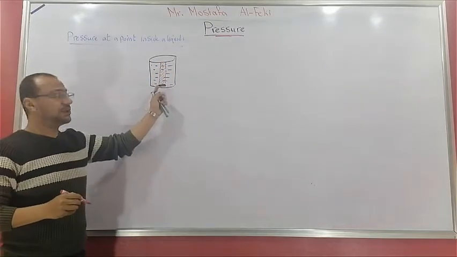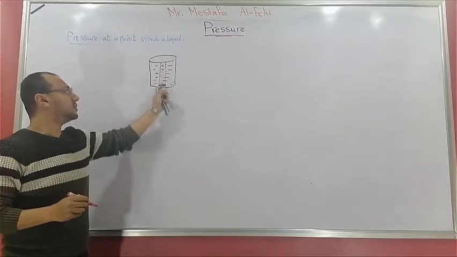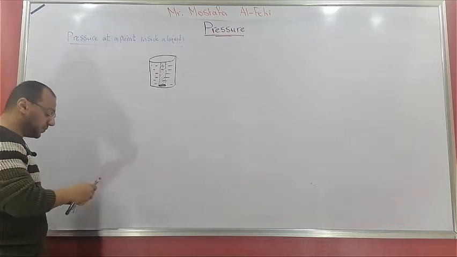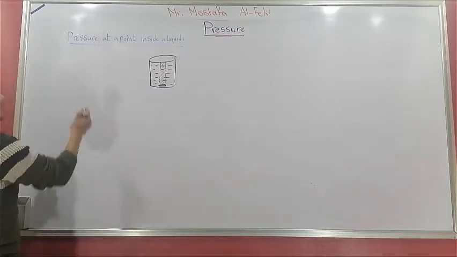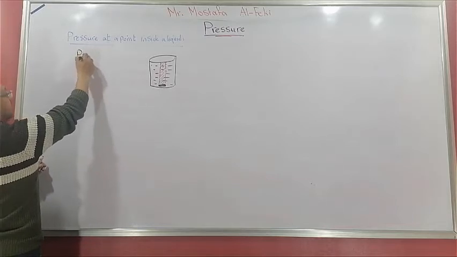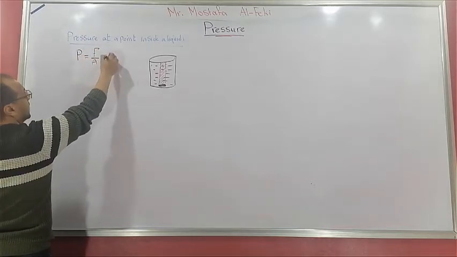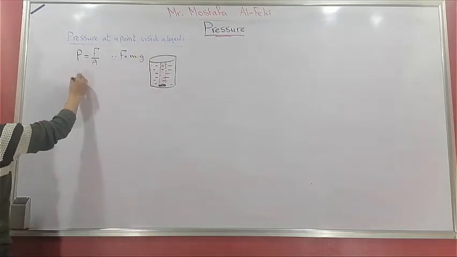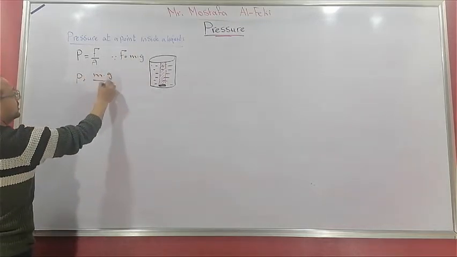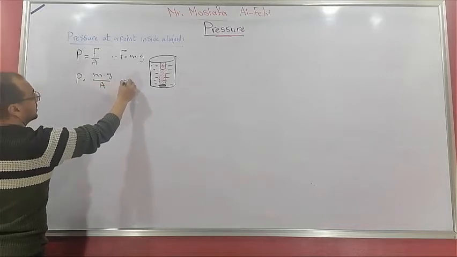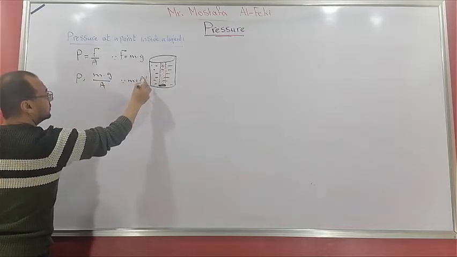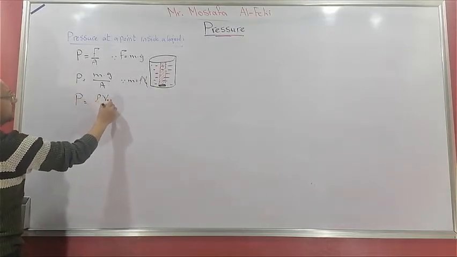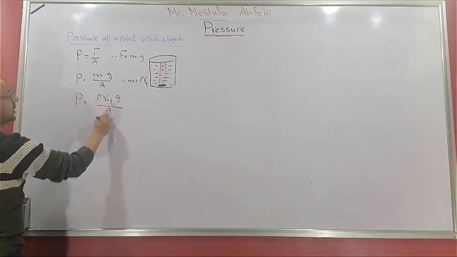Then the pressure exerted on the point inside the liquid is the weight of the liquid above this point. Since pressure equals force over area, and the force is the weight mg, then pressure equals mg divided by A. Since the mass equals rho times volume, then the pressure equals rho volume gravity divided by area.